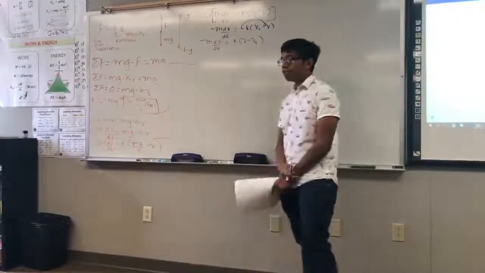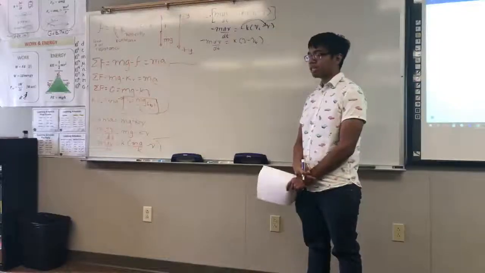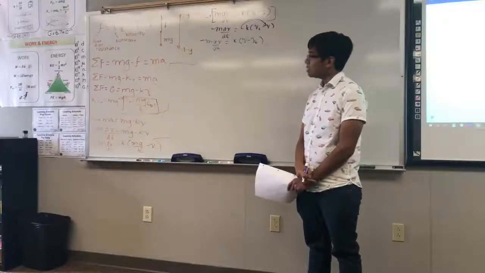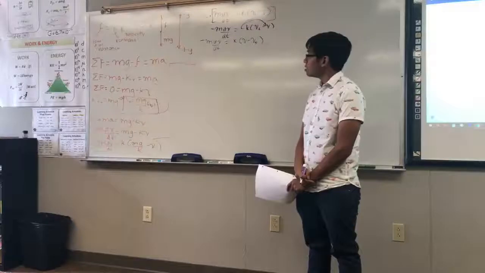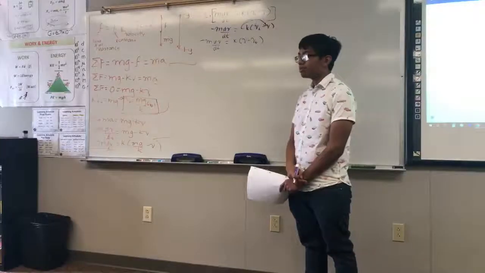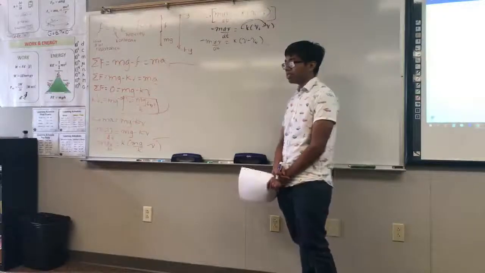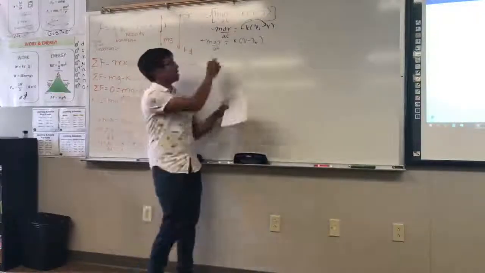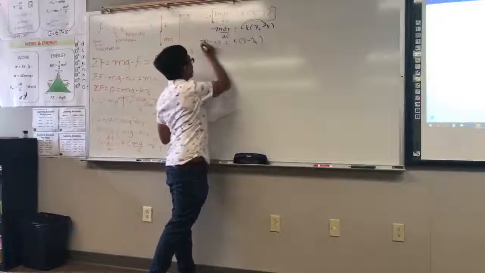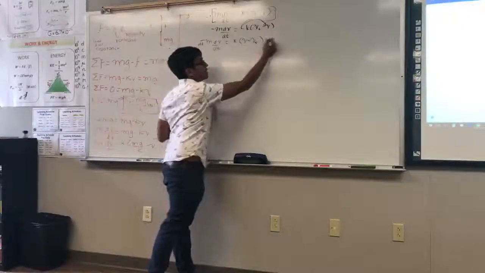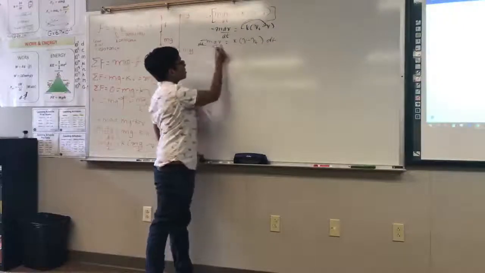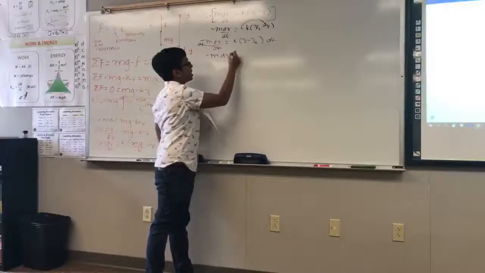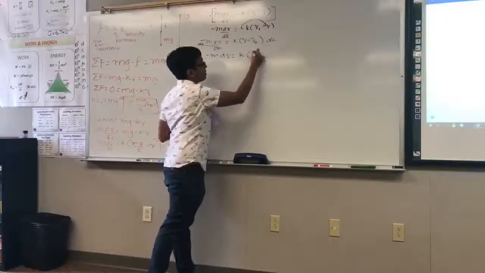So now, what can we do to actually evaluate an integral? Separation of variables. This is pretty similar to what we did last week, but what I can do is take dt and multiply it to both sides of the equation. This cancels, so we are left with minus m dv over k times v minus vt.